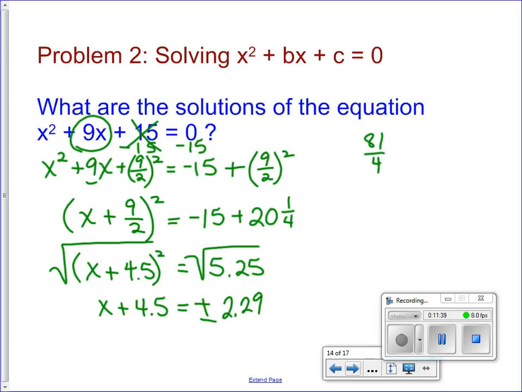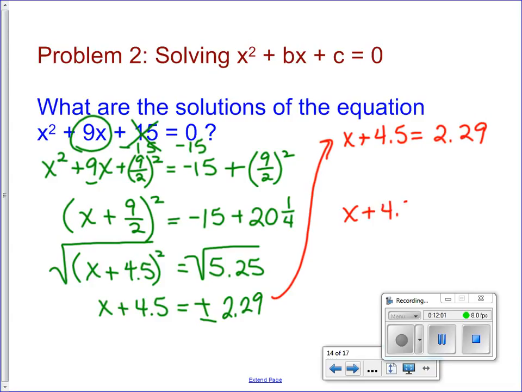All right, now we are ready to solve and find our two solutions. So we have two equations that we have to do. We have to do x plus 4.5 equals a positive 2.29, and we also have to do x plus 4.5 equals a negative 2.29.